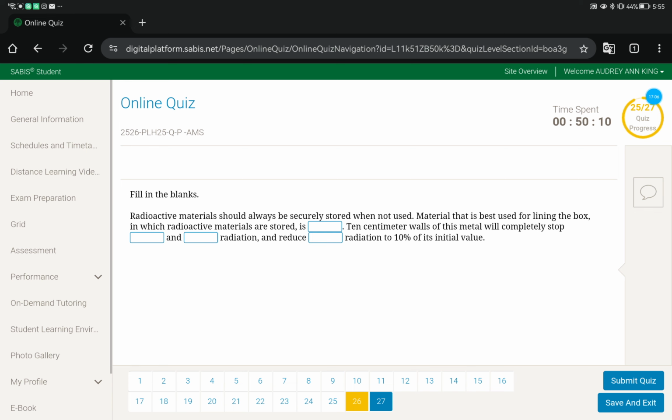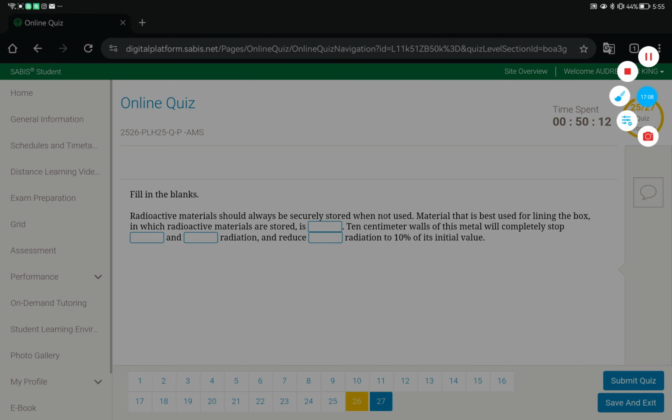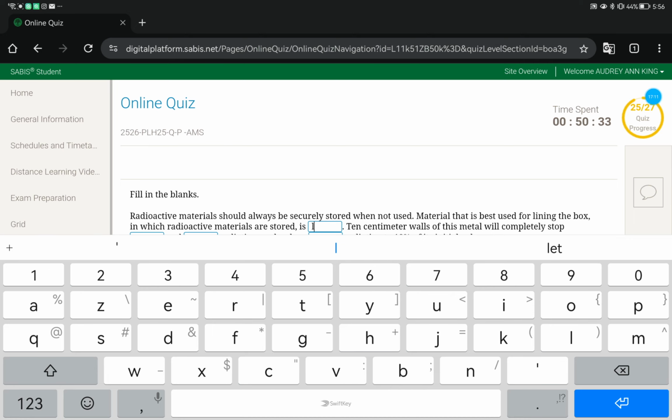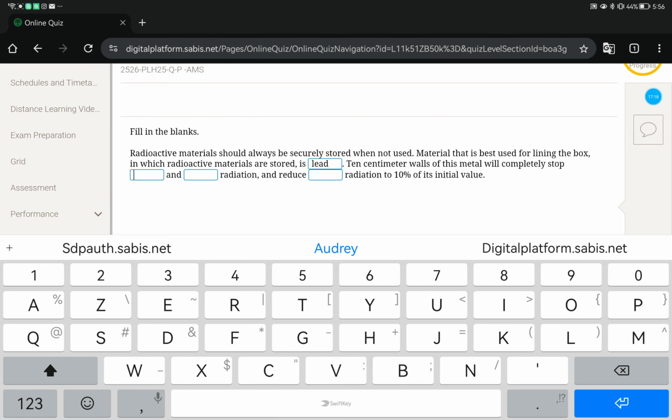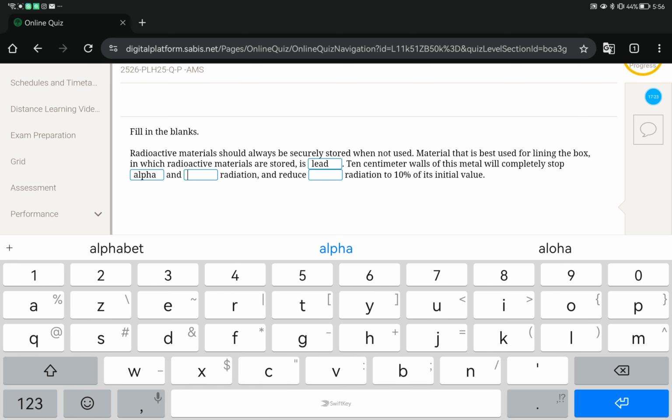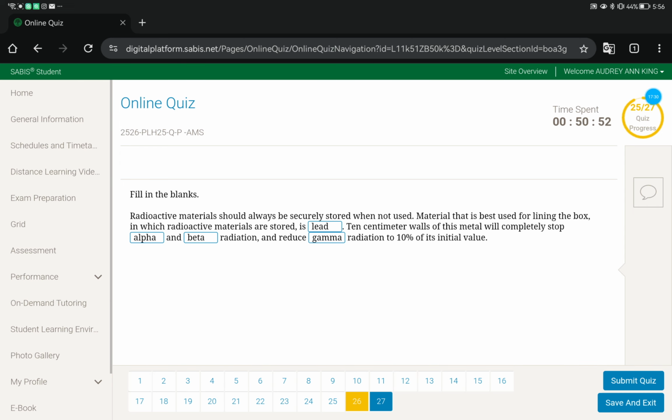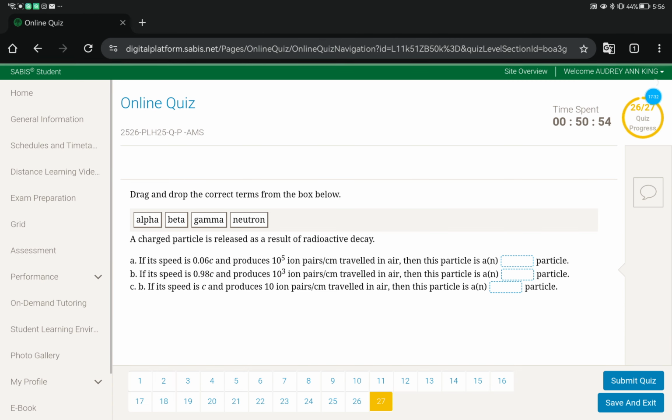Radioactive material should always be securely stored when not used. The material that is best for lining the box in which radioactive materials are stored is lead, and the 10 centimeter walls of this metal will completely stop alpha, beta, and gamma radiation to 10% of its initial value.